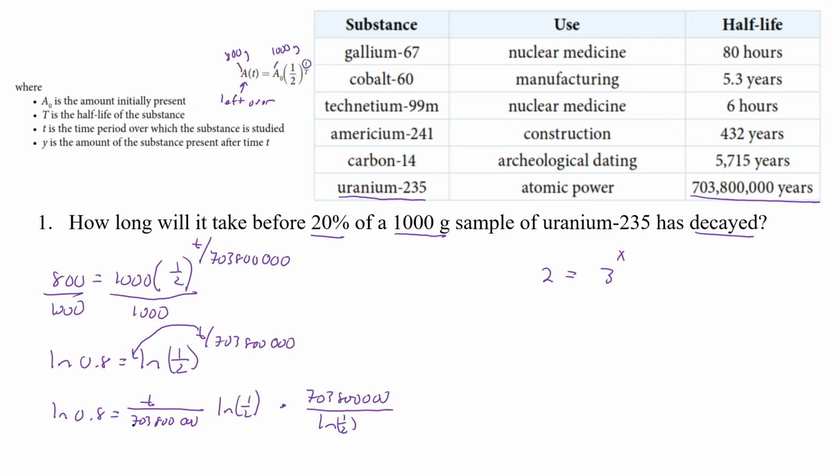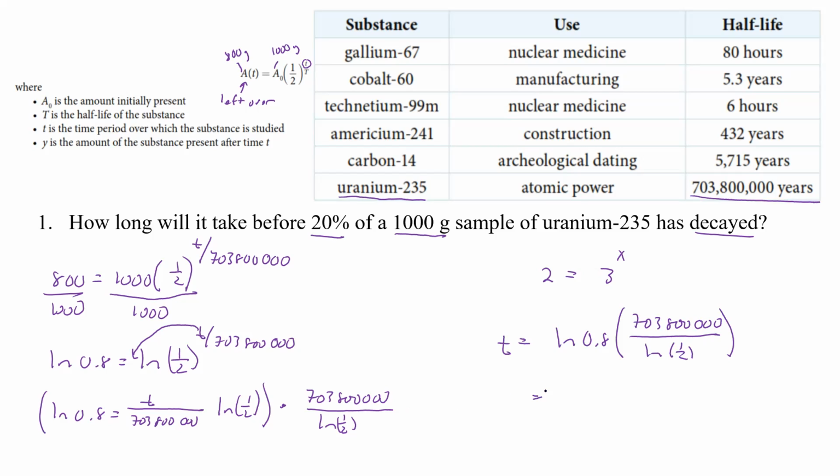That will cancel that. And I'm multiplying the whole thing times it. So I have to remember to multiply this piece times that. So when I do that, that gives me t is equal to, now I have the ln of 0.8 times 703,800,000 over ln of 1/2.